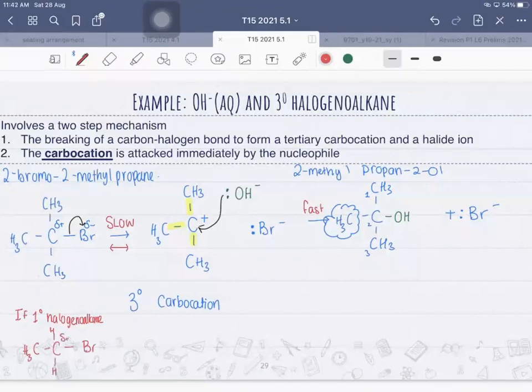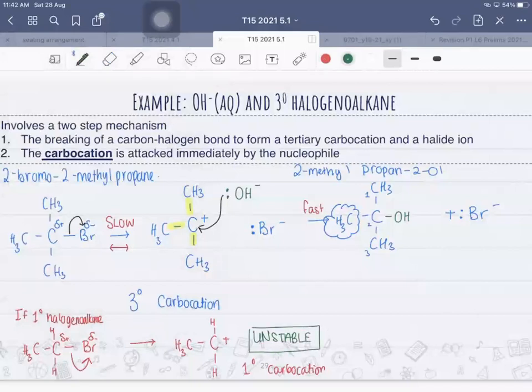Then the carbon is slightly positive, bromine is slightly negative. Same thing, the carbon-bromine bond breaks, and this is the slow step. Then I form a primary carbocation. Primary carbocation is unstable. So that's why it does not go through the SN1 mechanism.